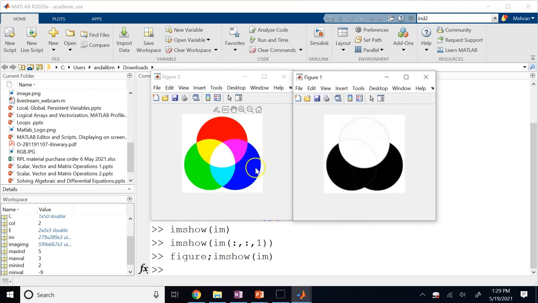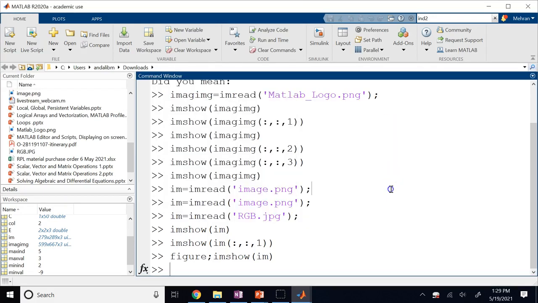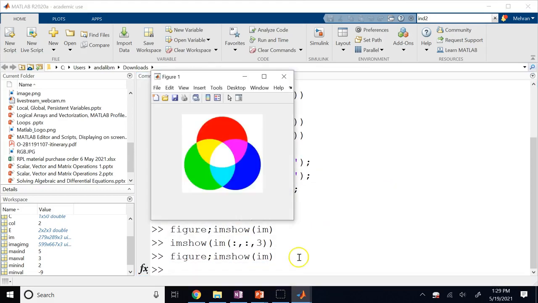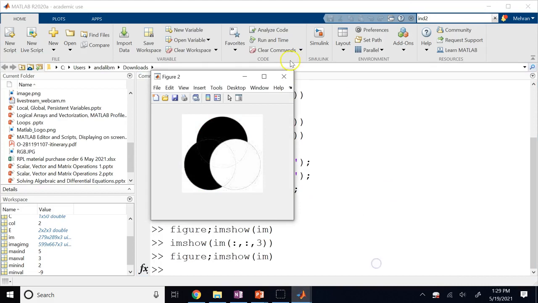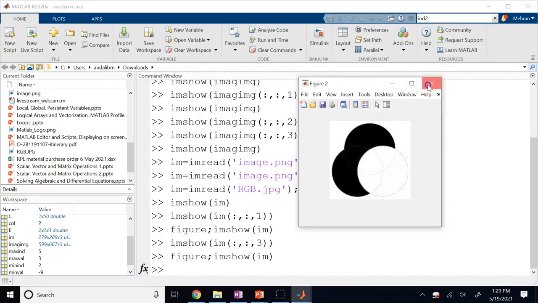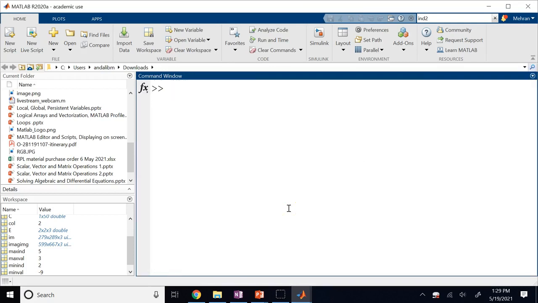Correct? If I now say show me the blue channel, then the areas that are blue are going to be high values, and the areas that are not blue are going to be lower values. And the same for green.